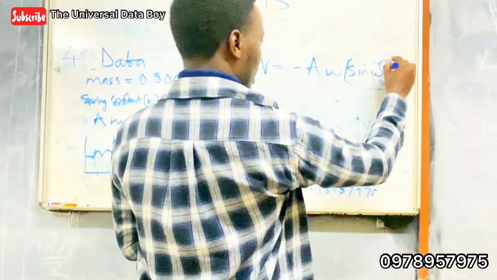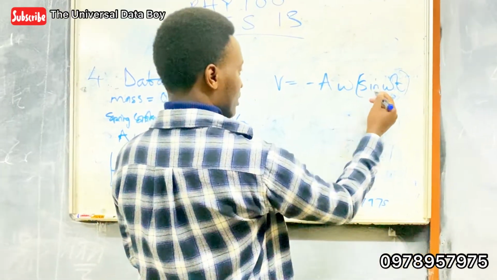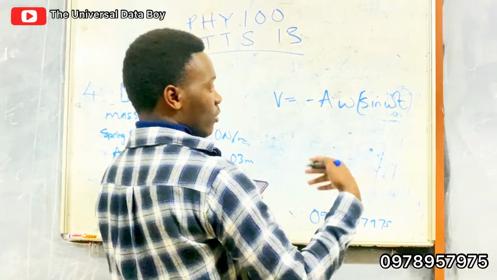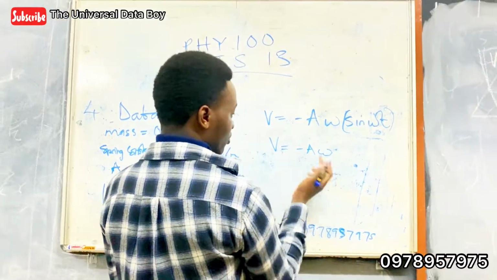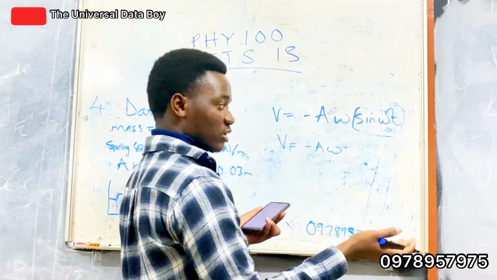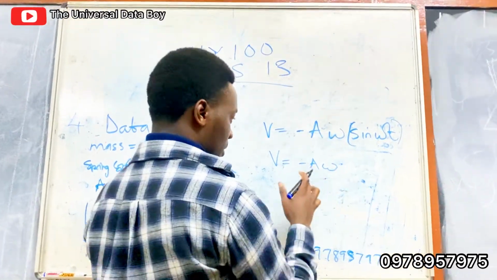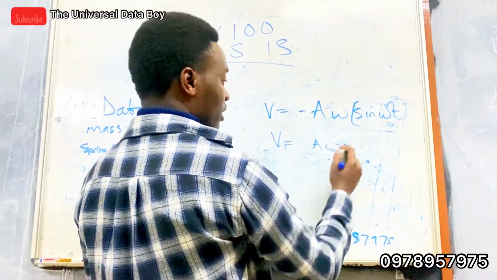The maximum velocity will occur when this sine is negative 1, because it ranges from 1 to negative 1. So v is simply equal to A omega. You can remove the negative because it just shows the sign and not typically the magnitude. Or if you put negative 1 here, you have a positive there.